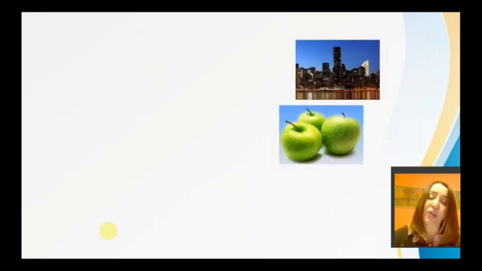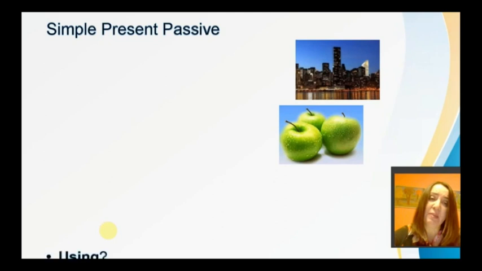Okay, two pictures in front of you. In the first picture, one big city. Guess, New York City. Big American city. In the other picture, 3 green, delicious apples. Why are they here? Because we are talking about simple present passive using.